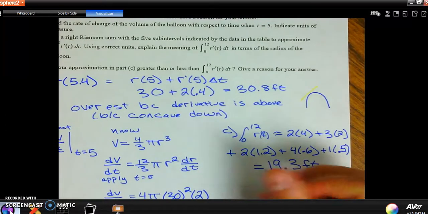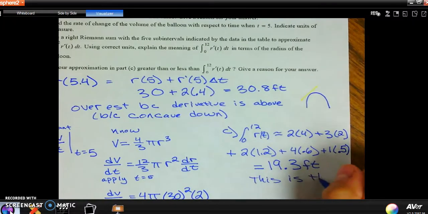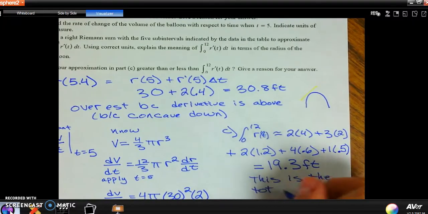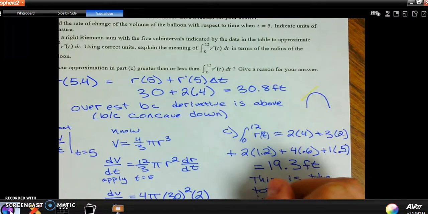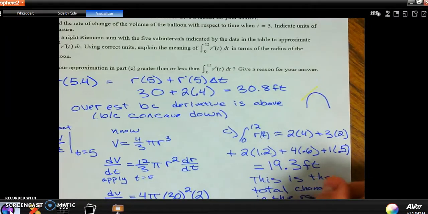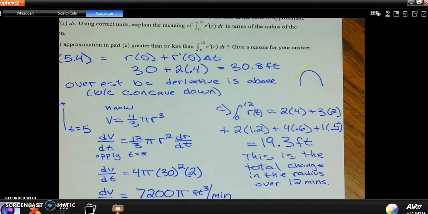Remember, the integral is the sum, the total change in the radius over 12 minutes. And that 12 minutes just came because the table went from 0 to 12 minutes.